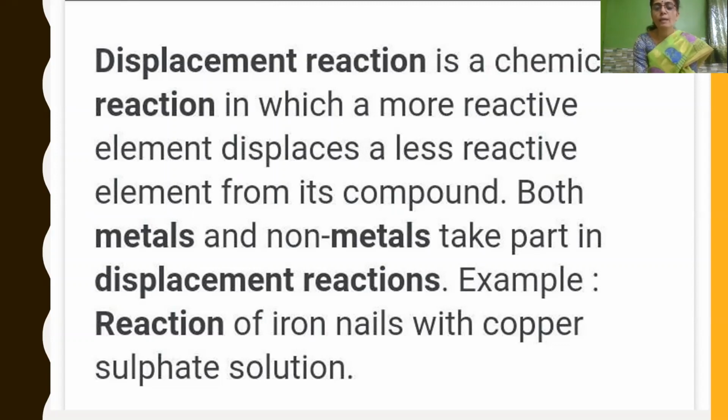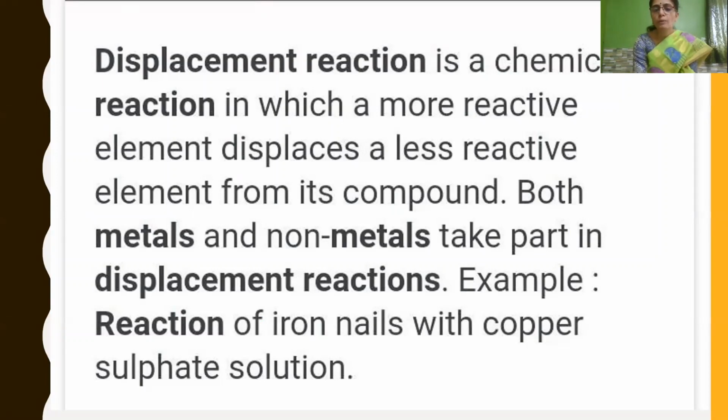Or you can tell, a displacement reaction is a chemical reaction in which a more reactive element displaces a less reactive element from its compound. Example: reaction of iron nails with copper sulfate solution. Here iron is a metal and copper sulfate is a compound.